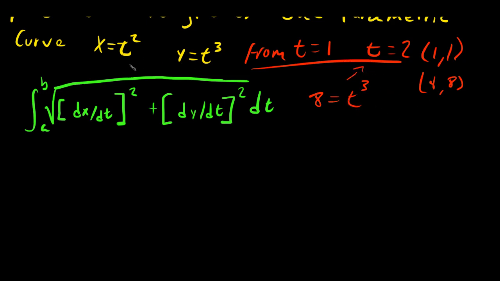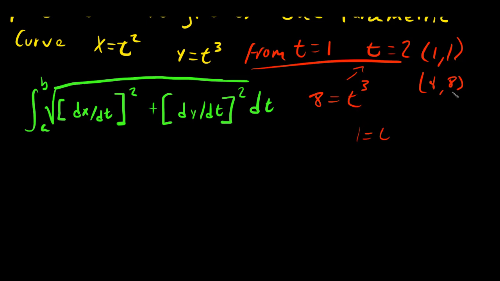And for x, you would set 1 equal to t squared, and t is just 1. So that is how you would solve them if you did them that way.